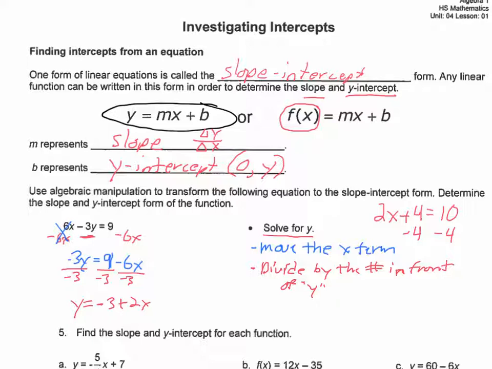Step 2 is divide by the number in front of y. The number in front of our y right here was a negative 3. So I divided by negative 3 at every position of the equation, here, here, and here.